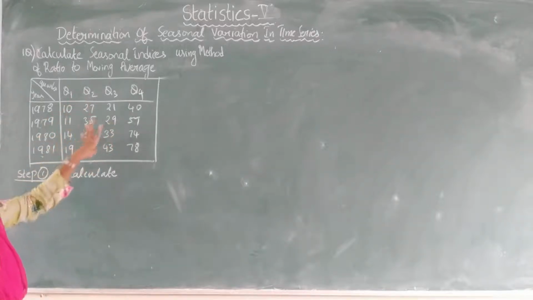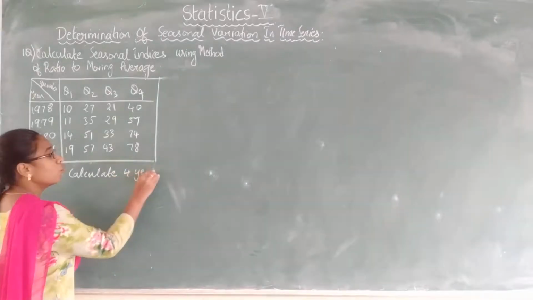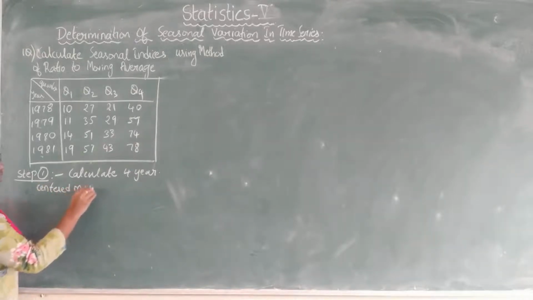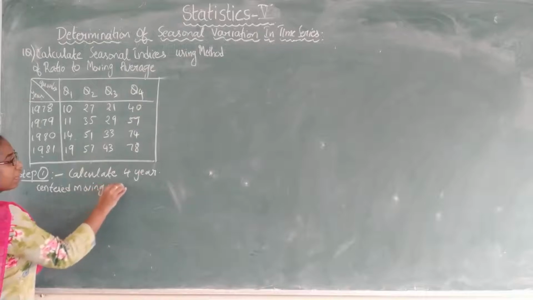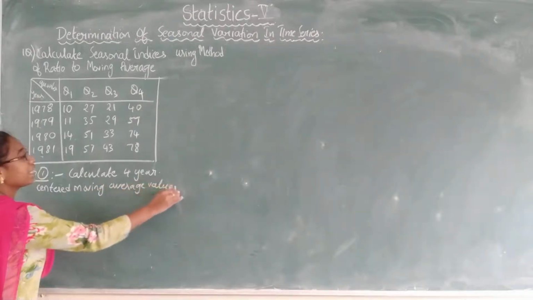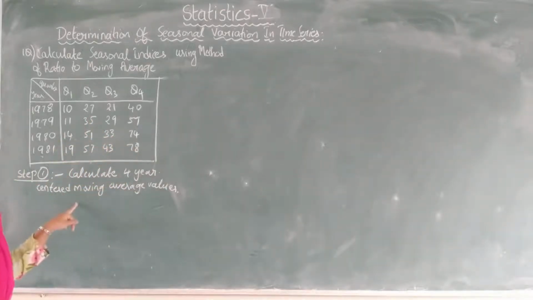So there are 4 quarters, so calculate the 4-year centered moving average values. Since the data is quarterly, you will calculate the 4-year moving averages.